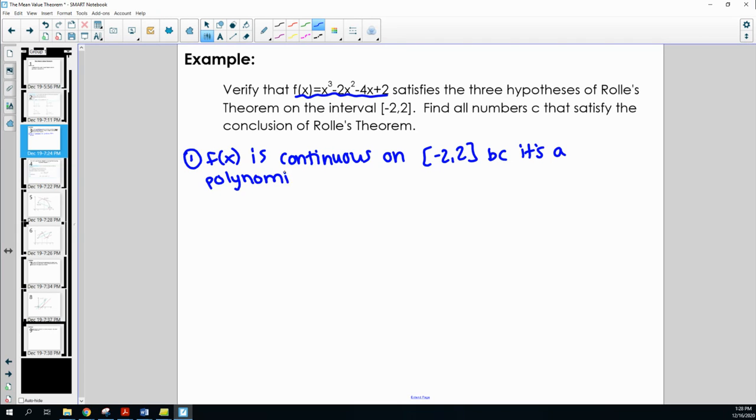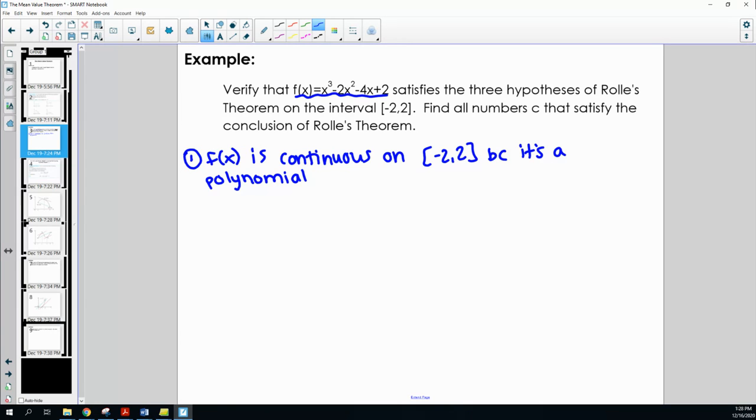If it was, let's say, a rational function, and there were places where it is not continuous, right? There's points of discontinuity, then it would not meet this criteria, and it would not satisfy Rolle's theorem.